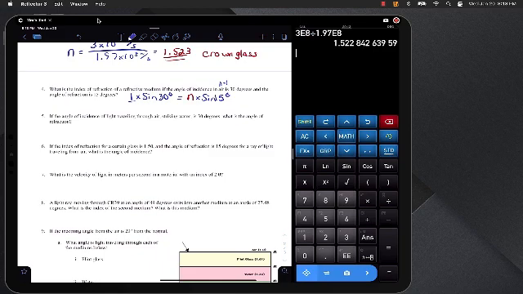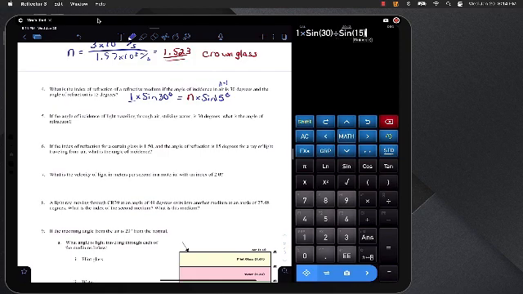All right, so in this case, we have to divide both sides by sine 15. So we'll put my calculator. We're going to go 1 times sine 30, close it up, divided by sine 15.